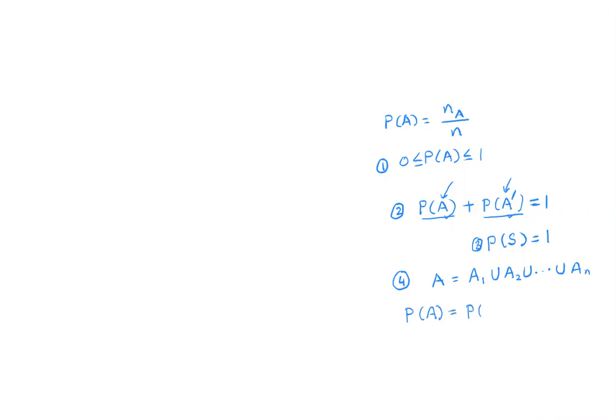So the probability of A1 plus the probability of A2 plus ... plus the probability of AN. And this is only when the Ai, where i is 1, 2, 3, all the way up to N, are simple events.